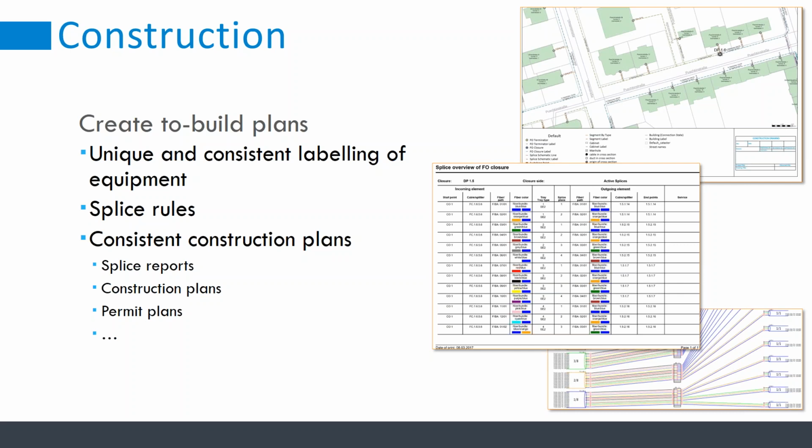So make sure that your cables and ducts get a logical name, that all of the equipment is labeled with a unique label, and also make sure that the splice rules that you have put forward are imposed in the correct way. So with the Engineer, you can automate this process and make sure that you create all of your to-build plans in a consistent way, and make sure that you have a connected network.